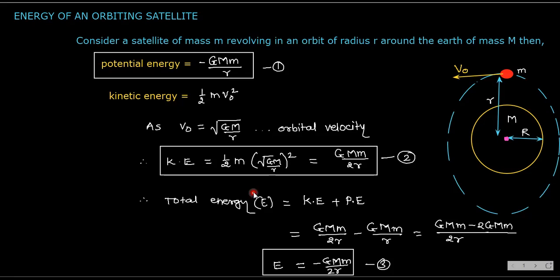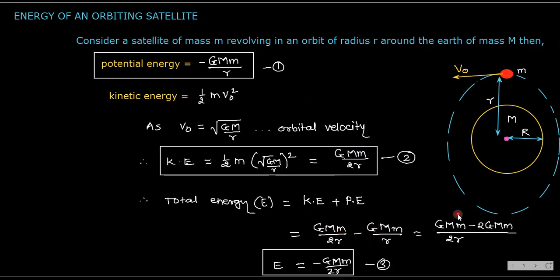Total energy is nothing but the sum of kinetic energy plus potential energy. Kinetic energy we already got here, GMm by 2r, so I have substituted here. Potential energy is already there in equation 1, so I have substituted here.